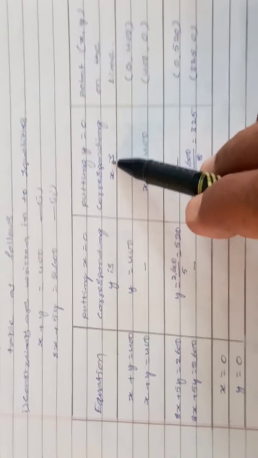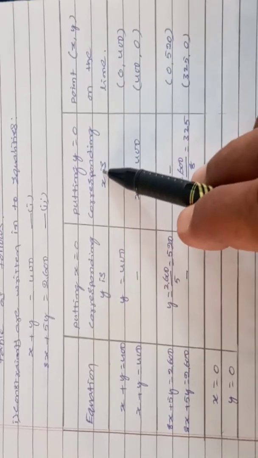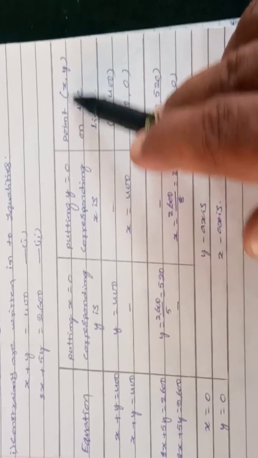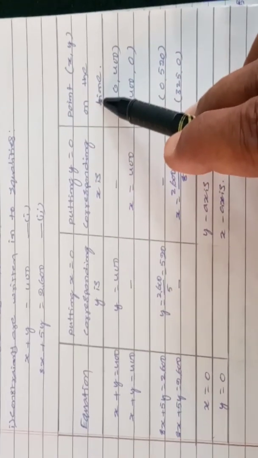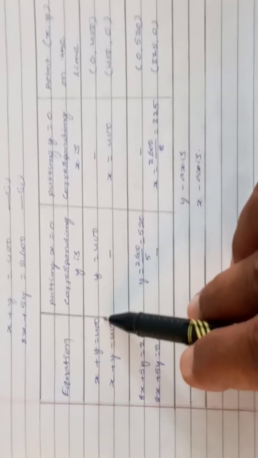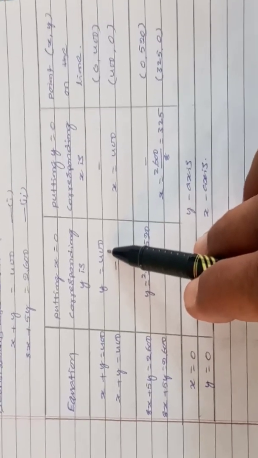These give the points on the x and y axes on the line.